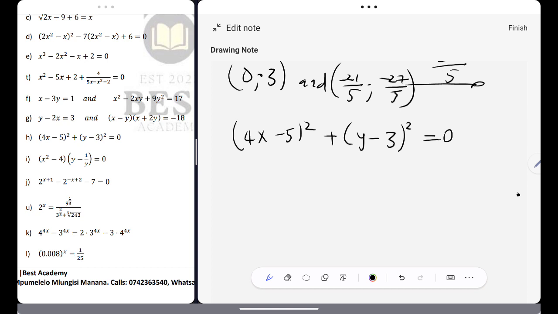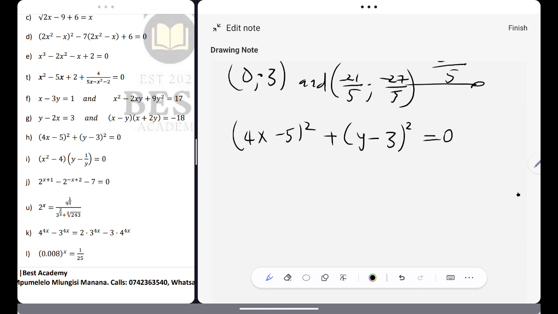I'm adding two things and the answer is 0. This could mean only two things. It's either these things are the same but have different signs. For example, if I add a 5 and a negative 5, I'll get 0. Are you together? But in this case, it's not like that.